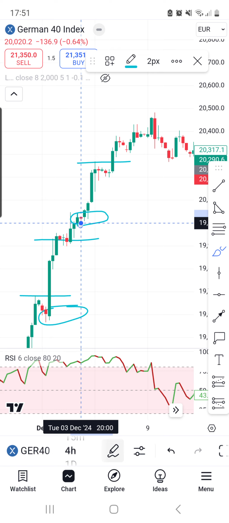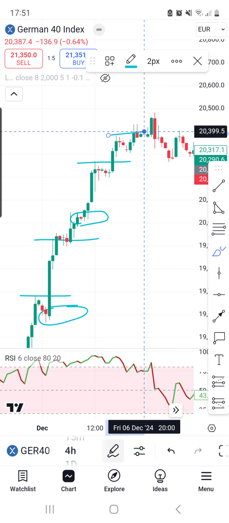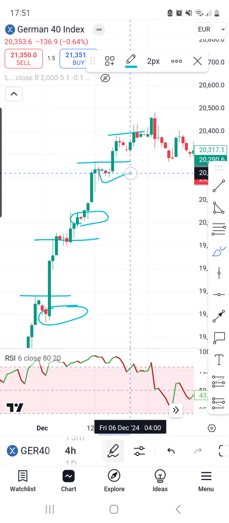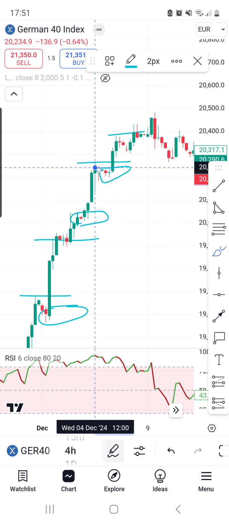This candle again was retested, which is fantastic, and we're looking for our next high. For this high, our last bearish candle is this little one right here, and again price came, tapped on it, and went up.